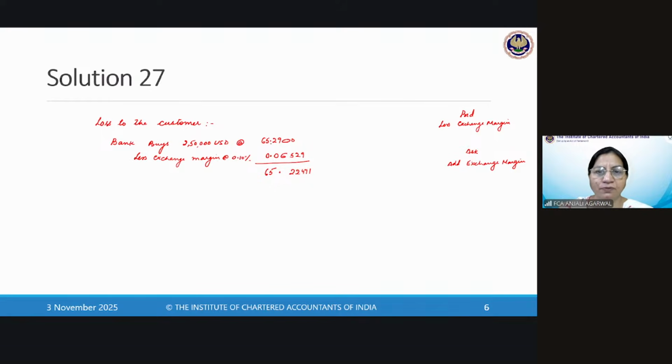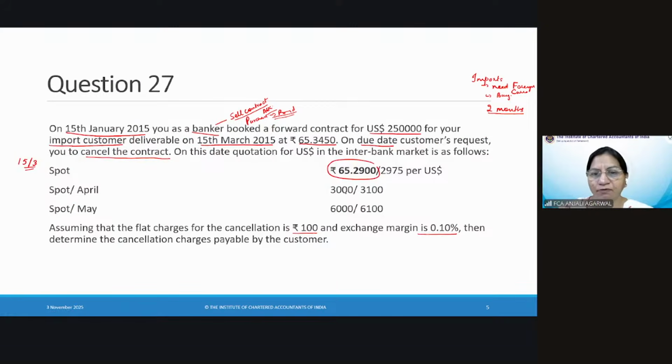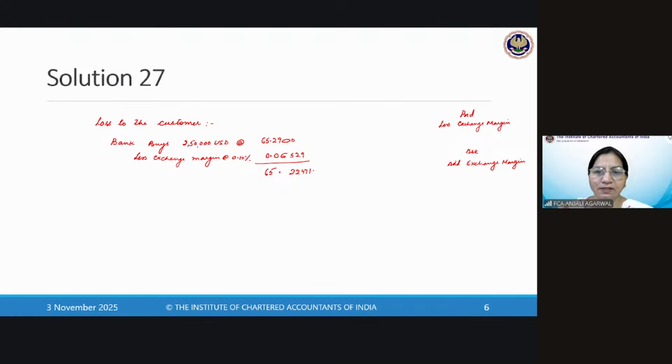That's up to you. If you look at the rates given here, they are up to 4 decimals, right? 2900, 3450. One thing you can do is ignore the last digit, so it's 65.2247. Further, you can round it off in multiples of 0.0025.